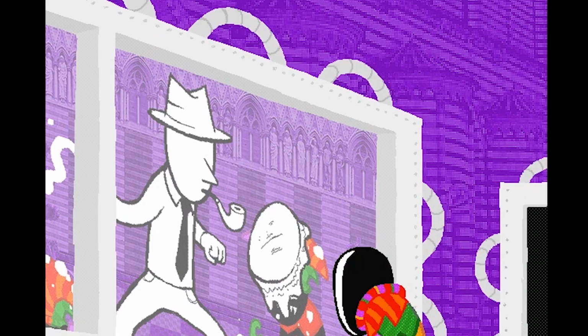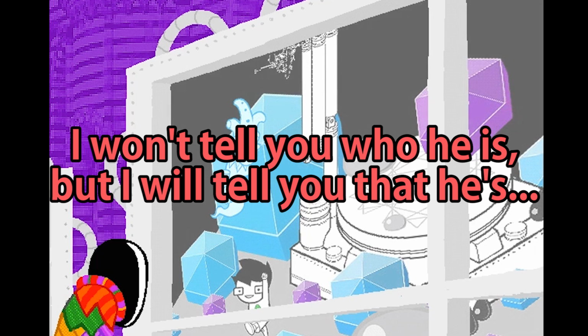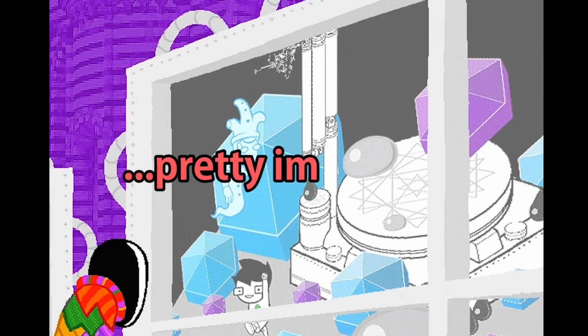Oh, someone's watching him on the screens there. Oh, someone's taking a look at everything on the screens. It's a mysterious man who we won't know the identity of until the very end of the comic, probably. That's just my guess. You don't have to correct me or anything. I won't tell you who he is, but I will tell you that he's pretty important.